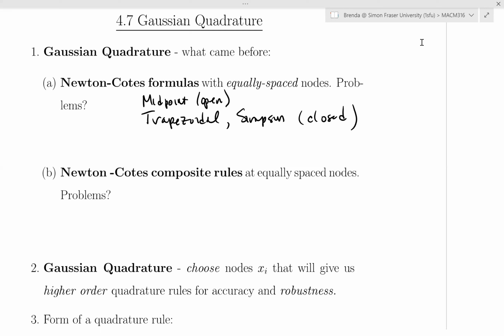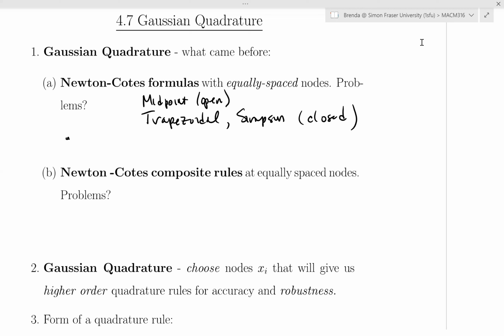What was the problem with the closed method, especially if it's not a composite one? So the answer here was it doesn't take into account the shape of the function.